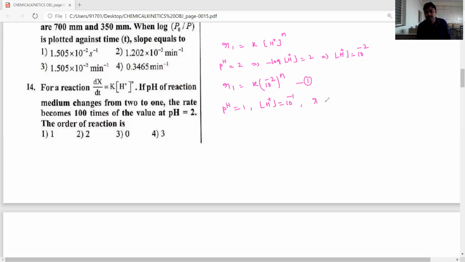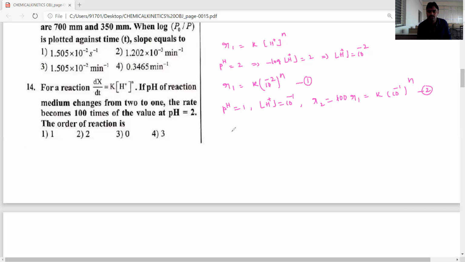Then the rate R2 is 100 times more than R1, so 100 into R1 is equal to k into 10 to the power of minus 1 whole to the power of n. This is equation 2. From equation 1 and equation 2, we have to find out the n value.